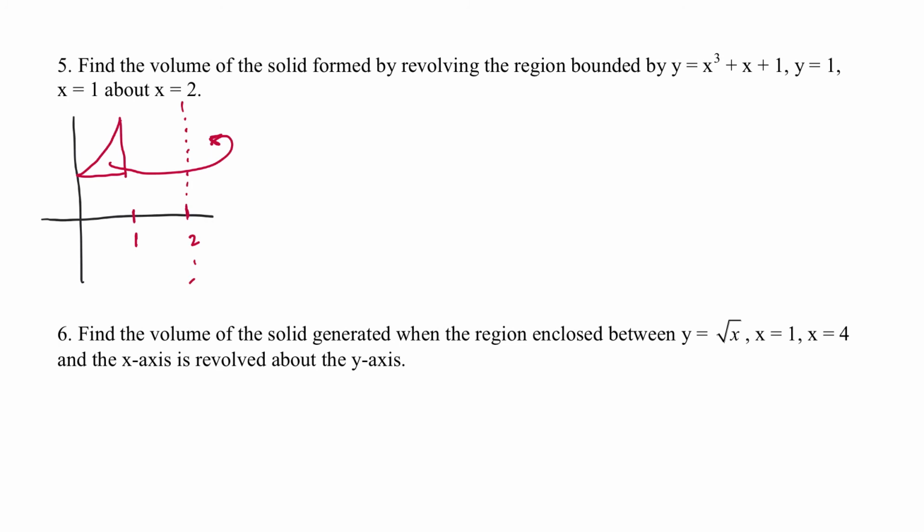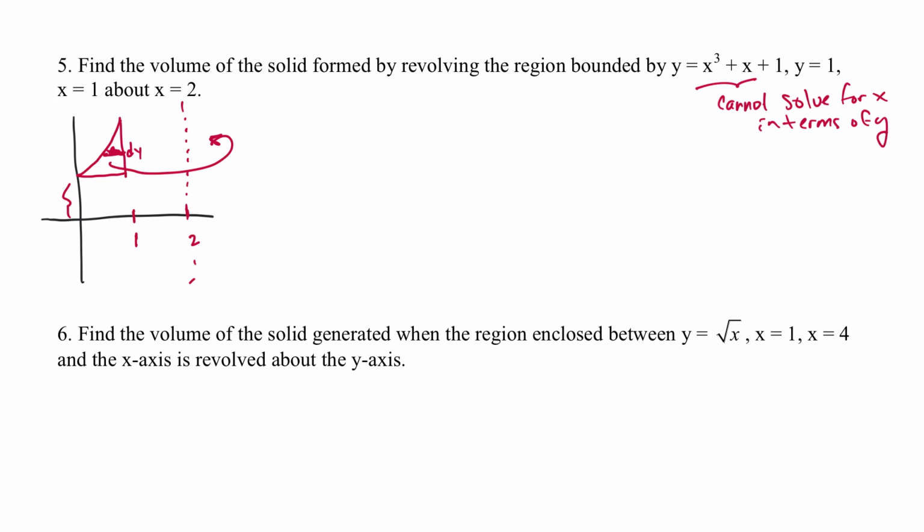So notice here, we've got a space, right? So we've got a few things going on. Now, if I do this perpendicular to the axis of rotation, I would need a dy. But I cannot solve for x in terms of y.